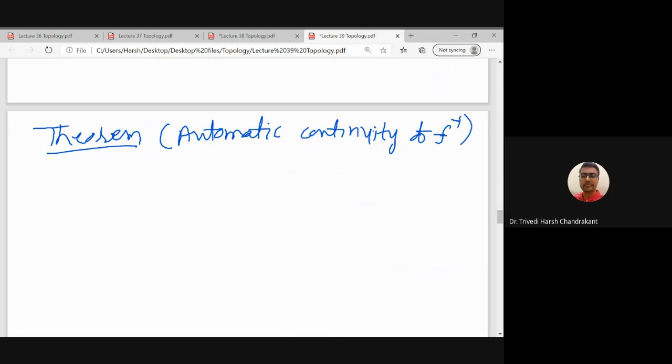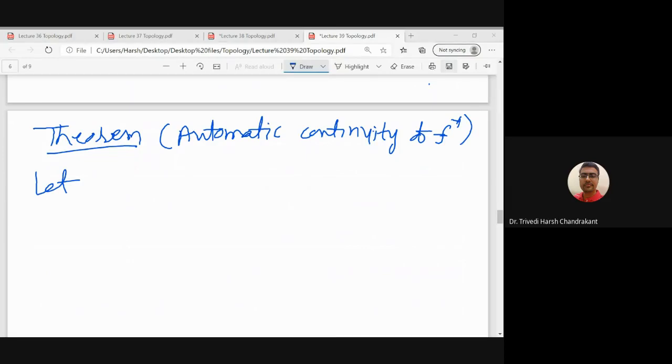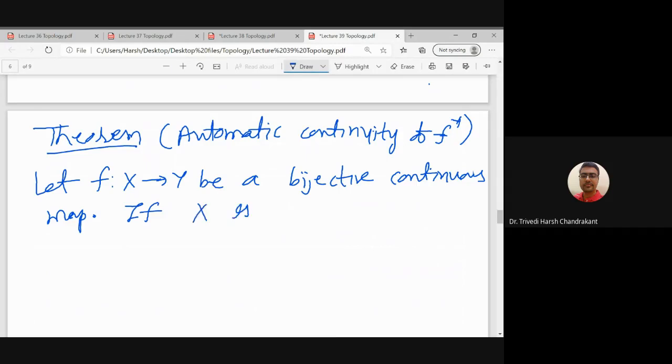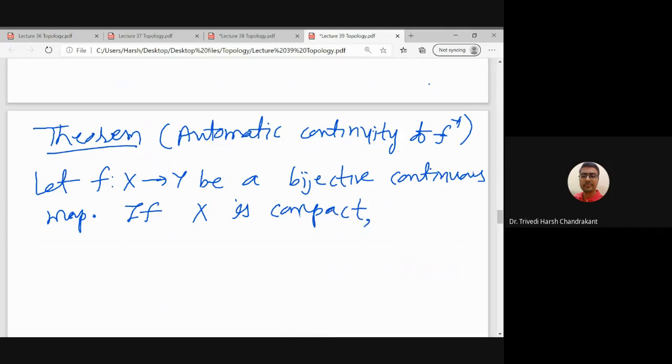Of f inverse. So the statement is that let f be a bijective continuous function from X to Y, and if X is compact, that means the domain is compact, and the codomain Y is a Hausdorff space.